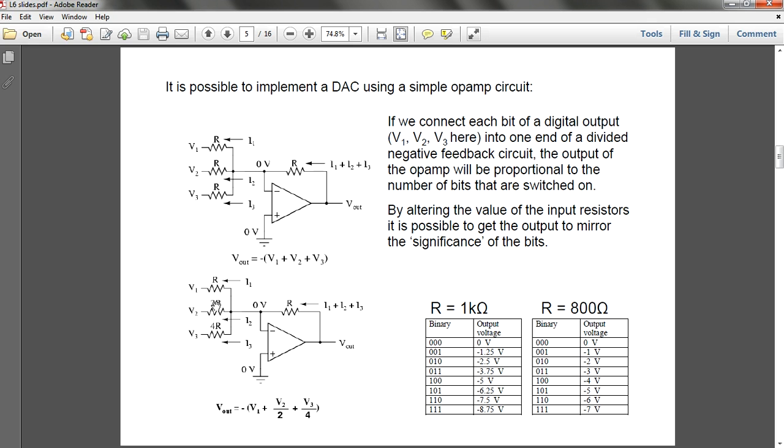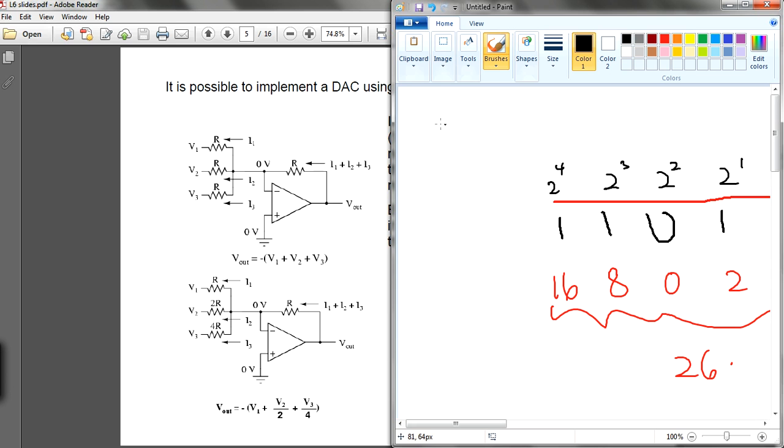Similarly, if you have R, 2R, 4R, V equals IR, right? So V is equal to IR. Assuming that I1, I2, I3 are all the same I's, although they are not the same in parallel, they should be adding up together. But for simplicity, assuming that this I for all cases is the same, V equals R. Take note again, this I in a parallel circuit should not be the same.